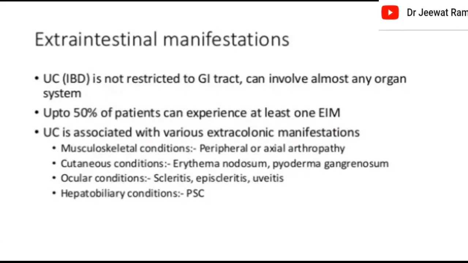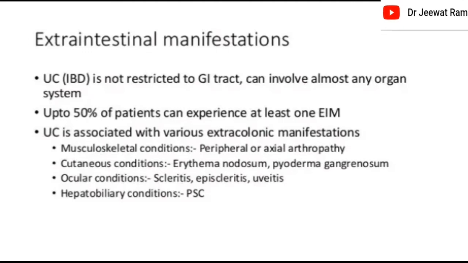Extraintestinal manifestations of ulcerative colitis. Ulcerative colitis is not restricted to the GI tract and can involve almost any organ system. Up to 50% of patients can experience at least one extraintestinal manifestation.